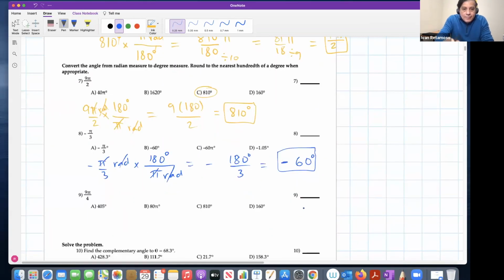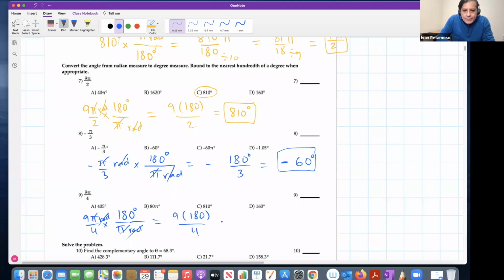If you can. Now this one is general, 9 pi over 4 converted to degrees, multiplied by pi radians, which is equivalent to 180 degrees. We're writing this on the bottom because we want to eliminate radians and output degrees, right?